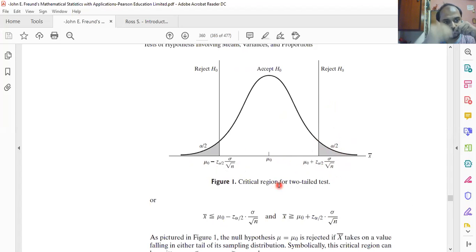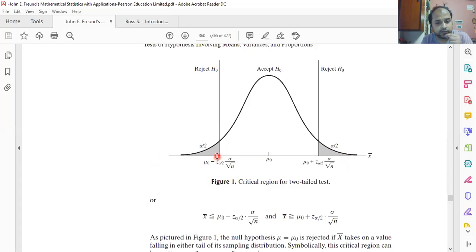If you have this book in front of you, you can refer to my whiteboard as well as this page together, and you can understand this in a better way. If you do not have the page in front of you, then okay, no problem. I shall be sharing the page once again with you. But you can quickly draw the picture: this is the normal curve and these are the two pillars.